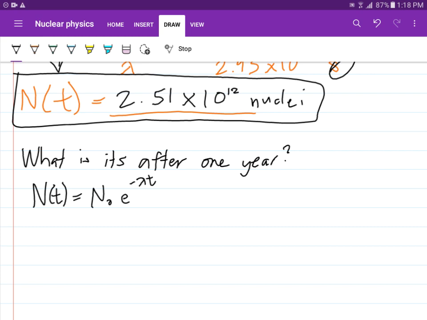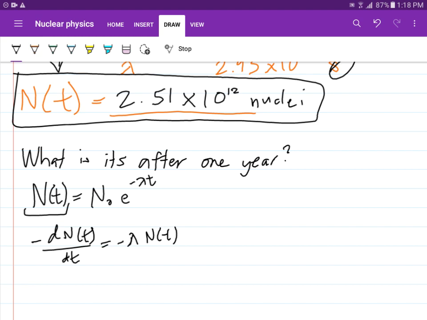But we know that dN(t)/dt is equal to minus lambda N(t).